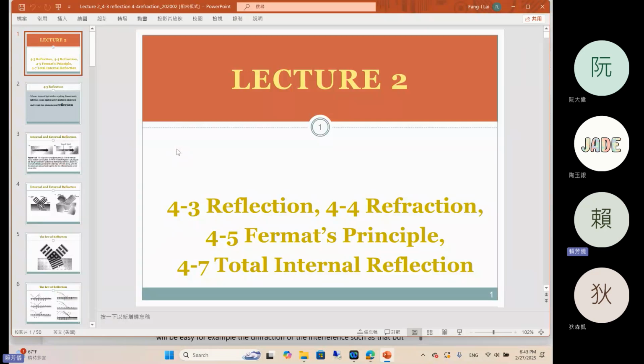But if the dimension is much smaller than the wavelength, then particle behavior becomes more important.